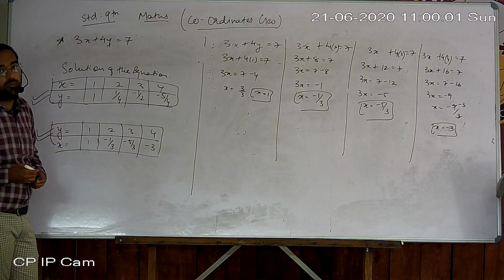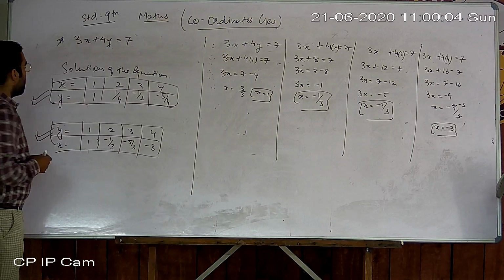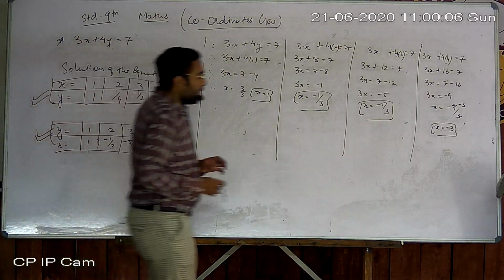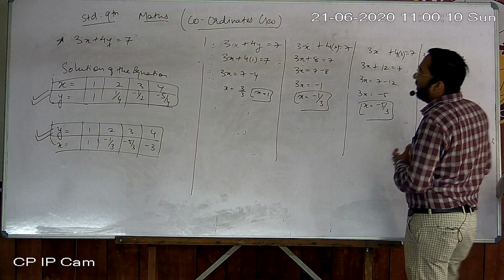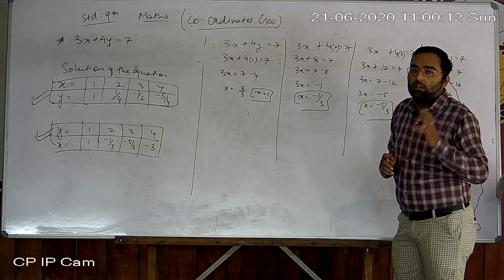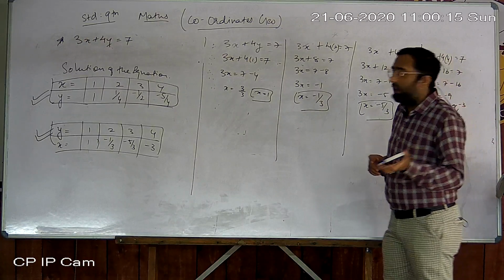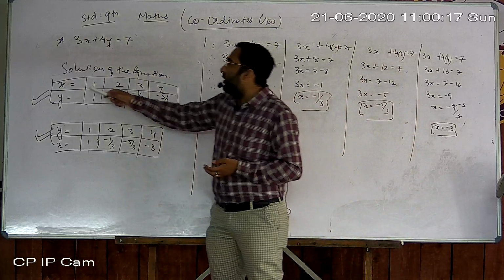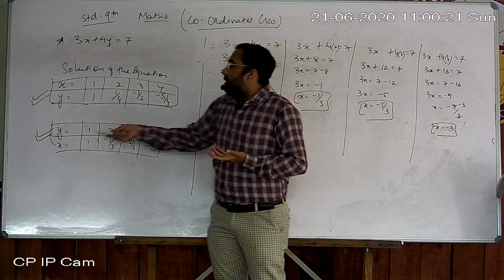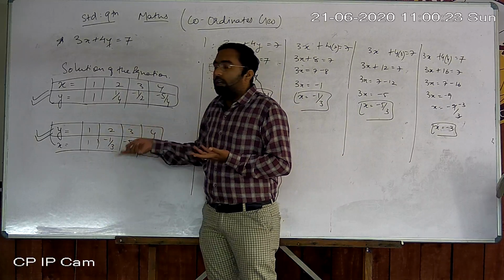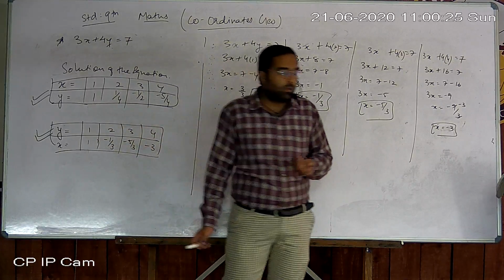So from the exam point of view, please do any one method. If you choose the value of x, then you find the value of y, and if you choose the value of y, then you find the value of x.